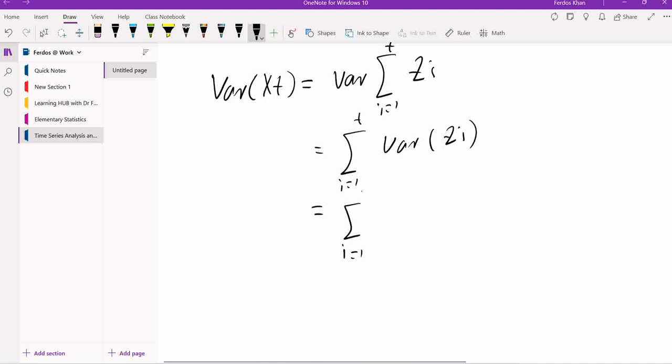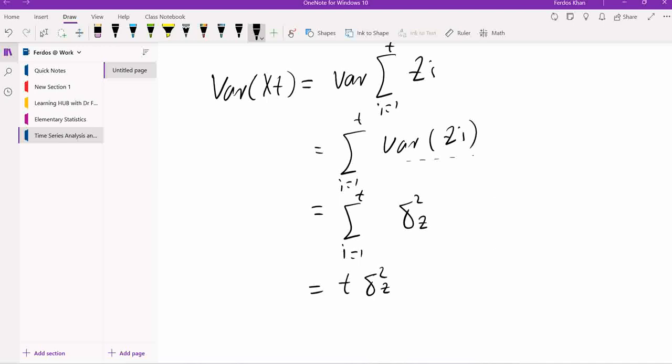You know this variance is sigma square z. This is mentioned in the assumption. So this is now a constant and you are summing this t times. So this is equal to t sigma square z.